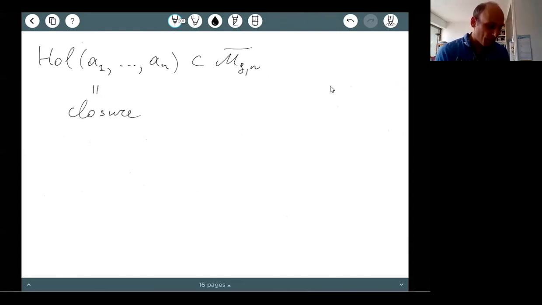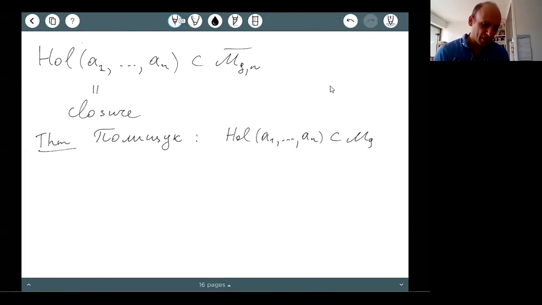So there is a theorem by Polishchuk. Maybe I can write it in Russian. Really a pain to write in English. So Sasha Polishchuk's theorem says that the holomorphic locus in M_{g,n} is smooth and of pure codimension g minus 1.